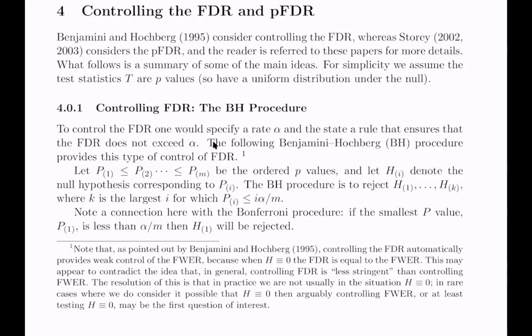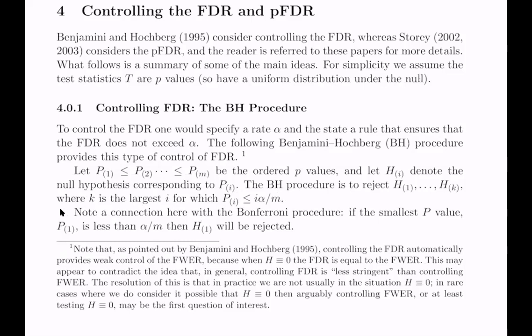Actually, there are two procedures in common use: a step-up procedure and a step-down procedure. One of which only rejects the first k tests if all of the p-values up to k are significant by this comparison. Another of which rejects the largest k, and they're both guaranteed to control the FDR. One is less conservative than the other.